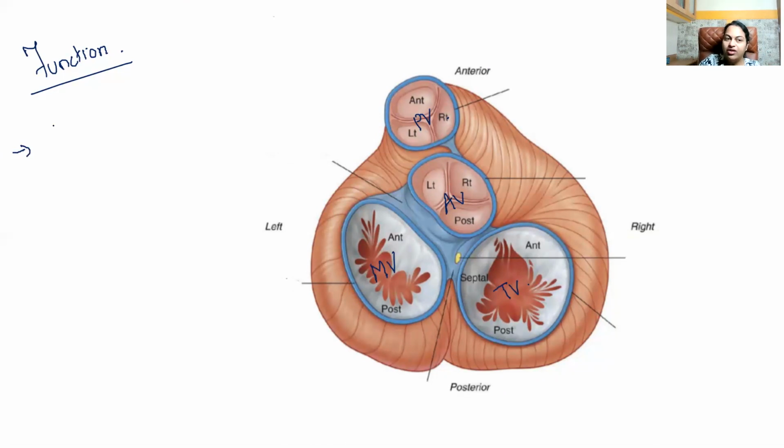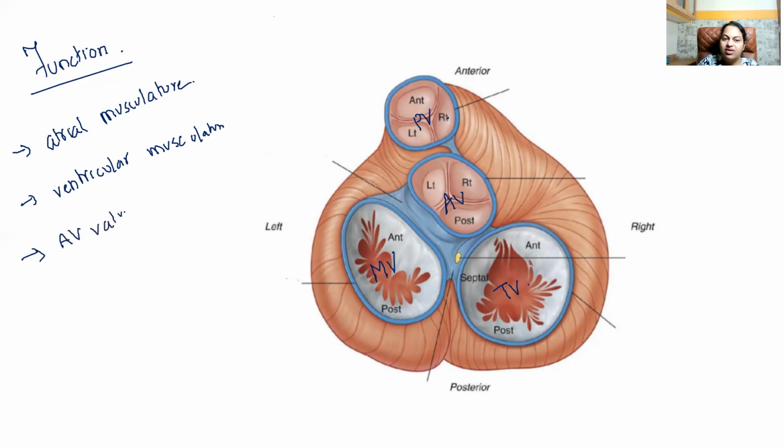Similarly, the fibrous skeleton of the heart will give attachment to atrial musculature, ventricular musculature, and all the valves of the heart: the AV valves, the semilunar valves, and also the aortic and pulmonary trunk.